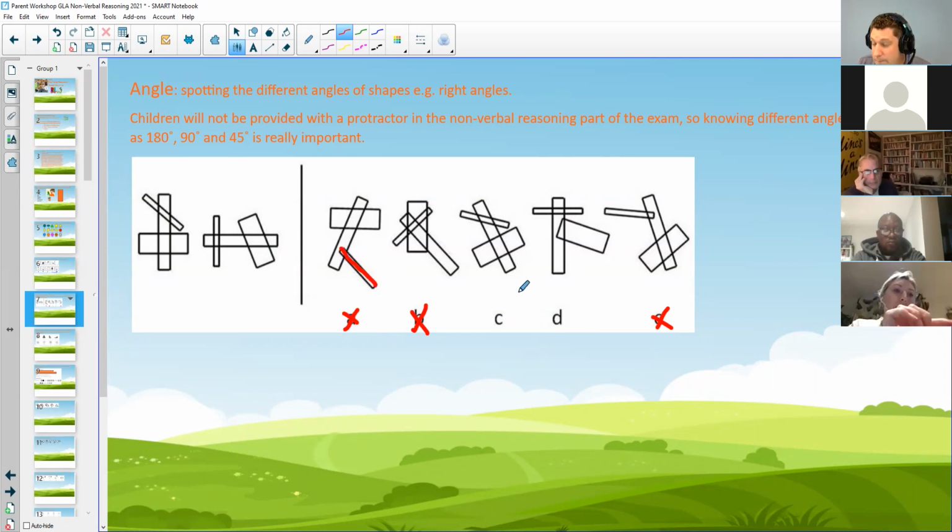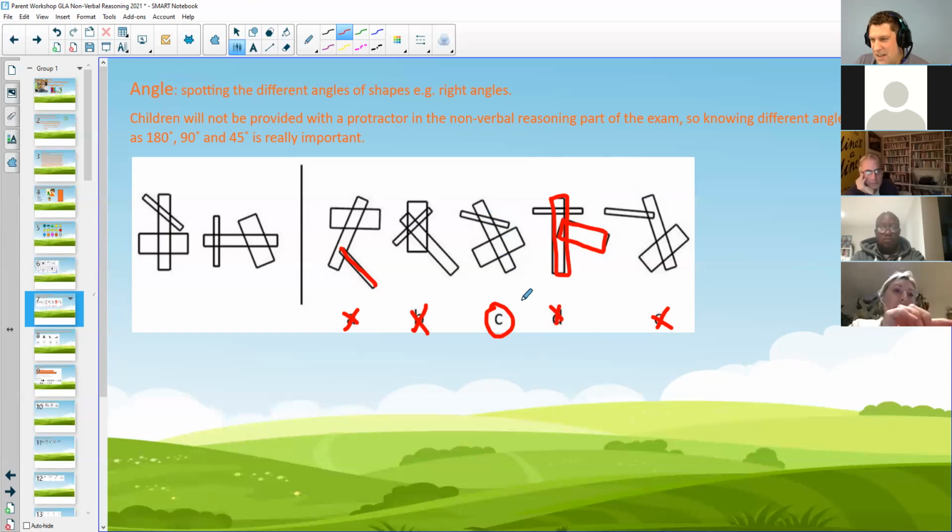Now I'm left with two. Now remember what I said earlier, once you are down to two options, it's worth having a look at the difference. And you can see here, look, that this rectangle, if I just do an outline, doesn't bisect the longer one here. So therefore I can remove that one, and I've only got one answer left, which we know is right because those two do go across.